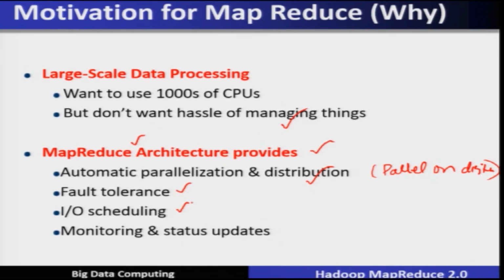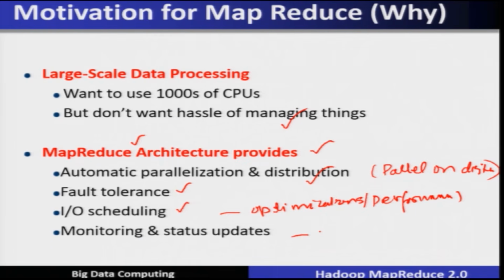Another thing is that input output scheduling is automatically done, so that a lot of optimizations are used to reduce the number of I/O operations and also improve the performance of the execution engines. That is all automatically done by the MapReduce architecture.